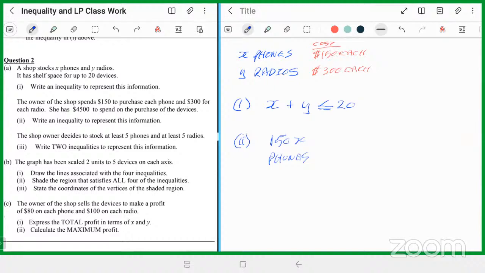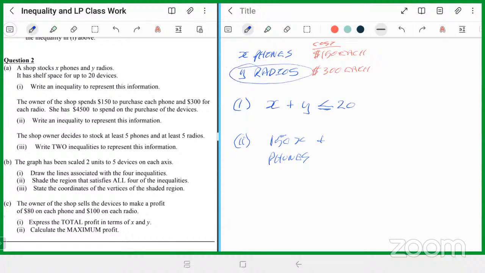Plus he has to spend money for the radios. But he's spending $300 each for the radios. So if he buys 2 radios, that's 300 times 2. If he buys 3 radios, that's 300 times 3. If he buys 5 radios, that's 300 times 5. Here he's buying Y radios.